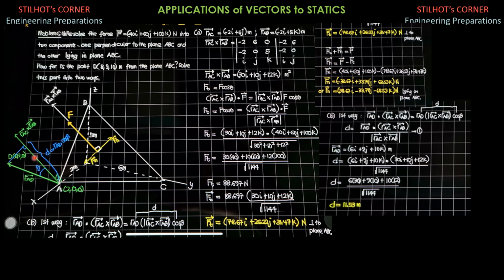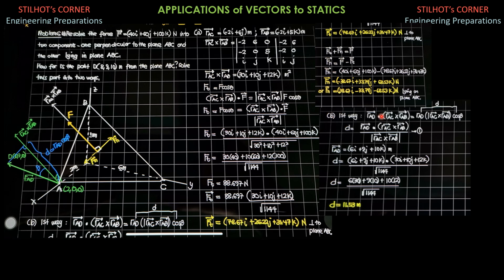From this right triangle, D is equal to the magnitude of RAD times cosine of beta. And this expression can be derived by dotting RAD with this vector RAC cross RAB, or vice versa, because that product is commutative. So this is the first way.